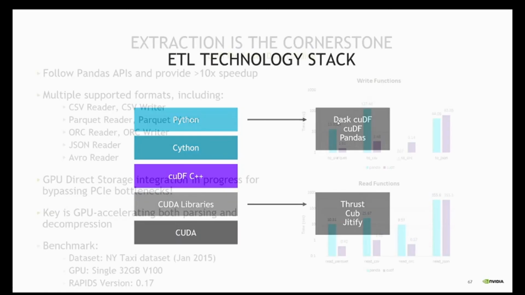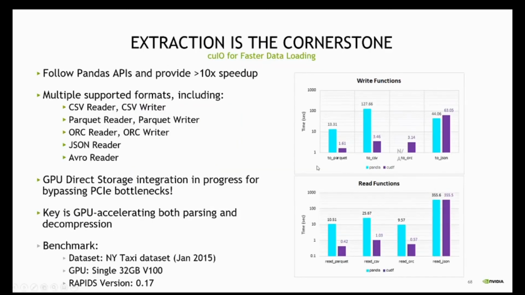So here are some numbers to support that. And again, when we do the practicals, I'll show in much more detail how much improvement in performance is happening. On the right side, you see that for the write function and the read function, from reading Parquet format to CSV to ORC to even JSON, we see a pretty good performance improvement that cuDF brings to the picture.